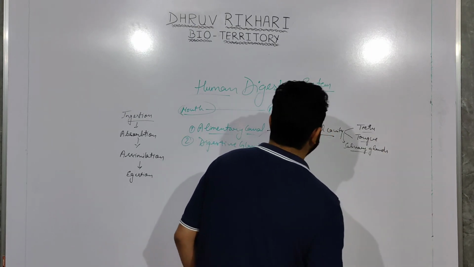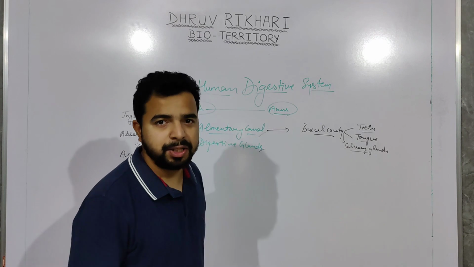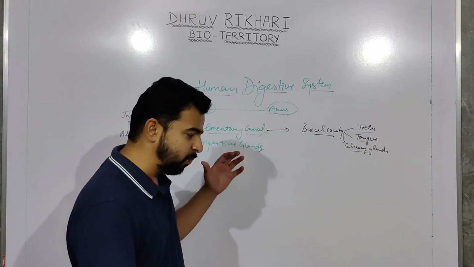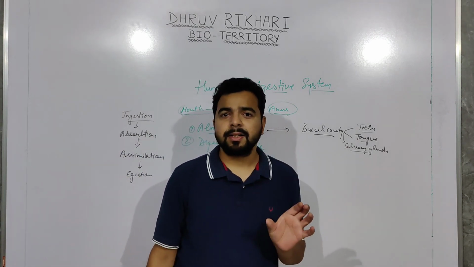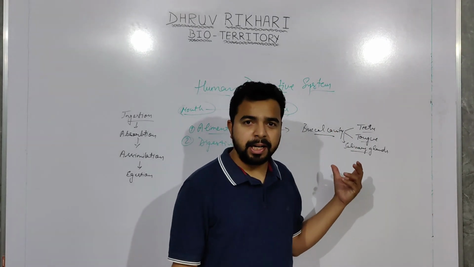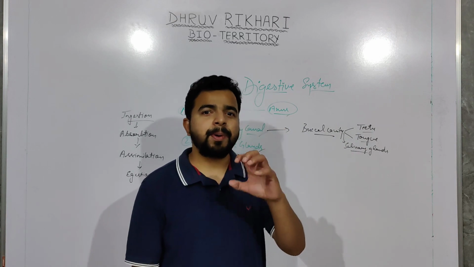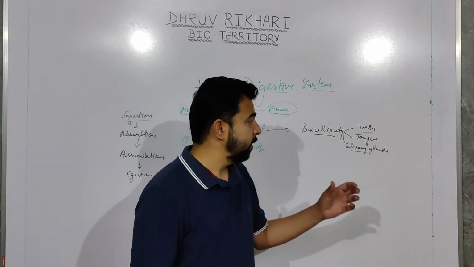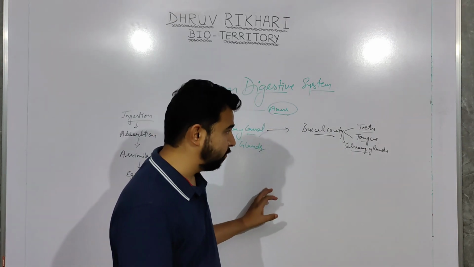So all these things together help in the mastication of food. When we are consuming food, it is in a complex form, and what is happening here in the buccal cavity is that it is partially digesting the food.